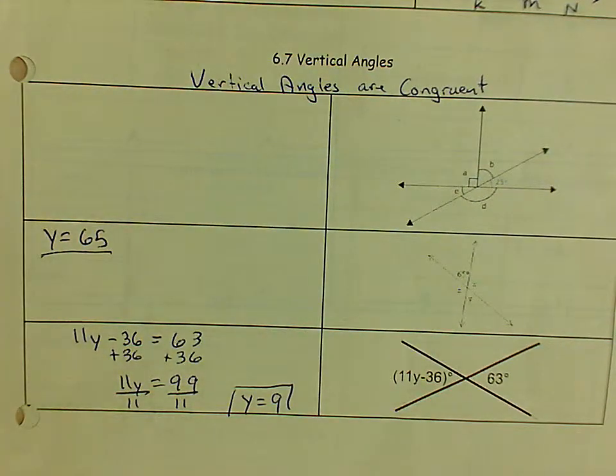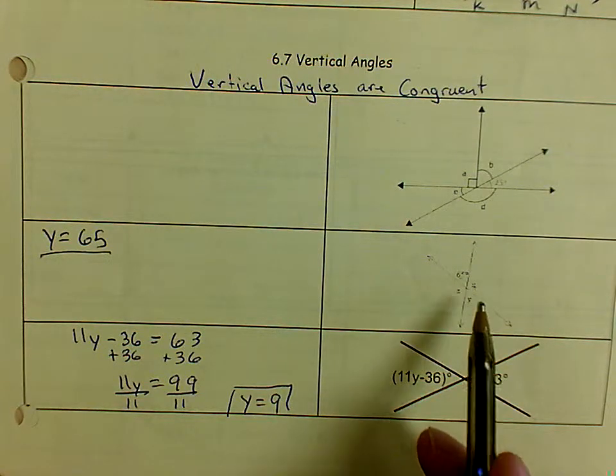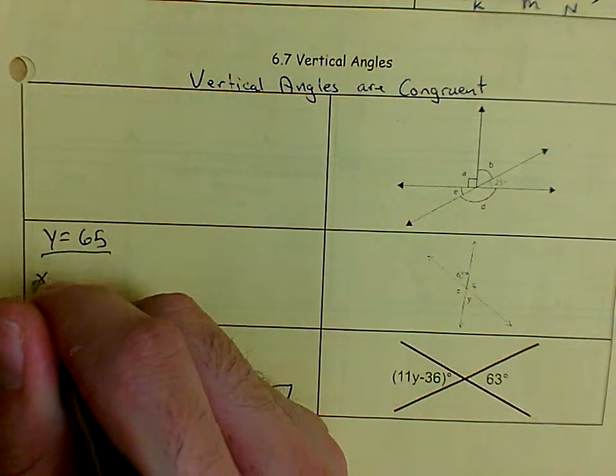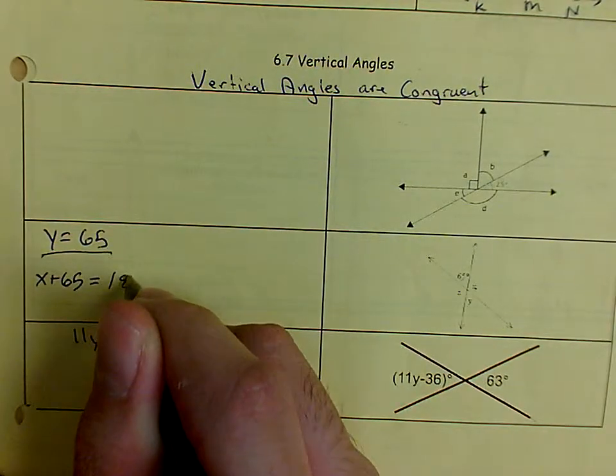Now we also have to find out what x and z are. So let's start with x. What is my relationship between x and 65? They are what type of angles? They are supplementary angles. So that means that these two angles are going to add up to 180. So I know that x plus 65 has to equal 180.